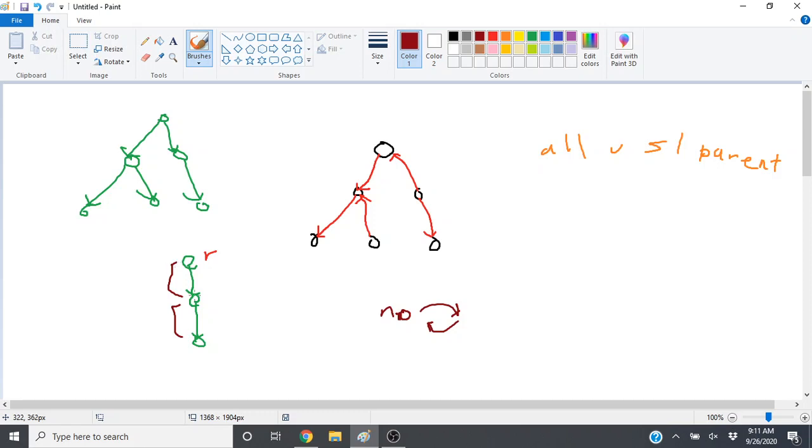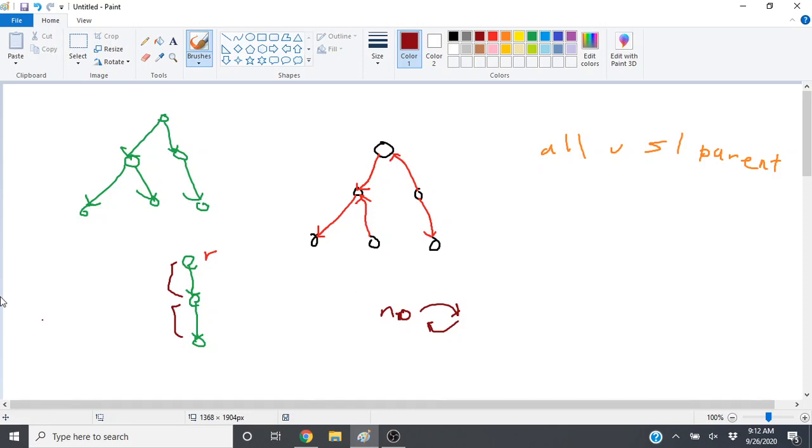So, it's not exactly the pigeonhole principle, but it's just an intuitive argument that says that if we can't ever visit a vertex twice, and the only place we can stop is the root, eventually we're going to get to the root.